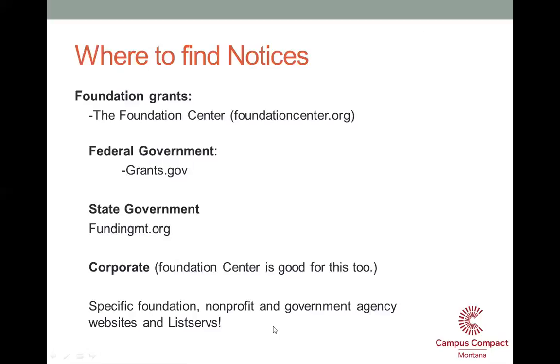And then the final thing that I recommend on learning about notices of funding is really thinking about, okay, what's in our wheelhouse? Who are the nonprofit organizations? What are the government agencies that kind of do the kind of work that we are after, that we're about, and find out if they have listservs that you can sign up to, or just bookmark their websites and the grants page, and keep in touch with those specific ones.